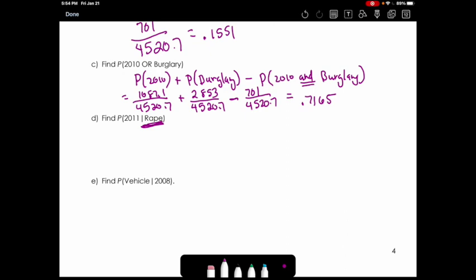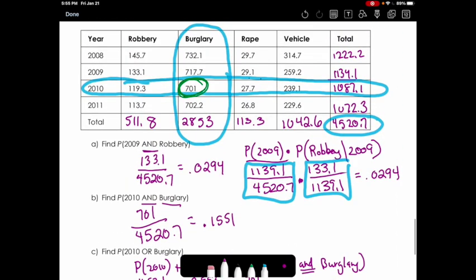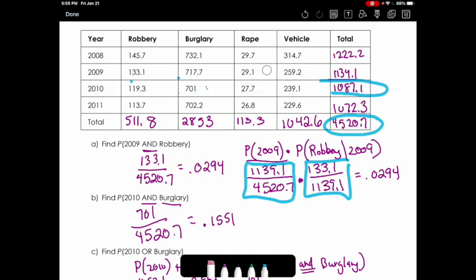Okay, part D says find the probability that the year is 2010 if the crime is rape. So we're assuming that this is the crime that has occurred, and we want to find the probability of it happening in 2010. So we want to look at all the values, but we're looking at it specifically in the column labeled rape because we're assuming that that crime has occurred. So we're looking at taking it out of this subgroup, which is 113.3.